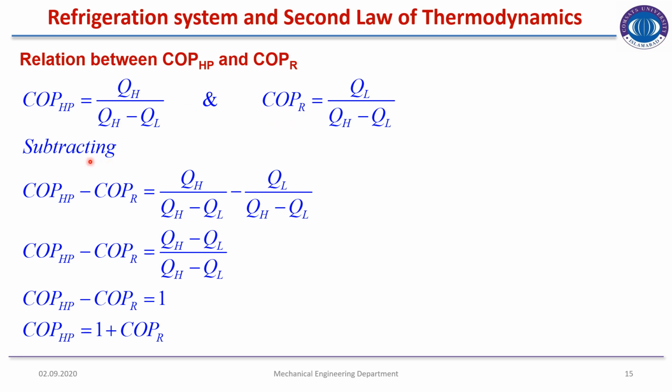As we subtract both equations, COP of heat pump minus COP of refrigerator is QH divided by QH minus QL minus QL divided by QH minus QL. As we solve, the difference between the coefficient of performance of a heat pump and a refrigerator comes out to be equal to 1.